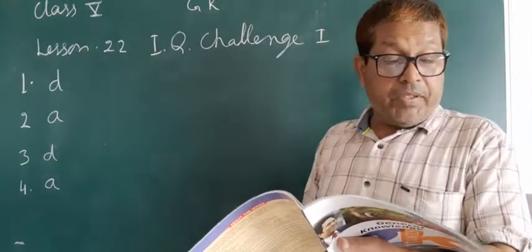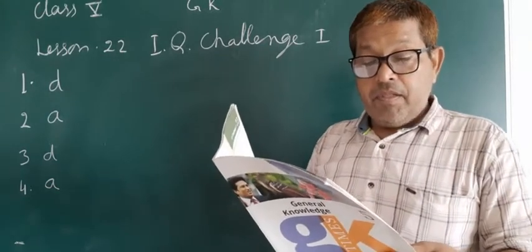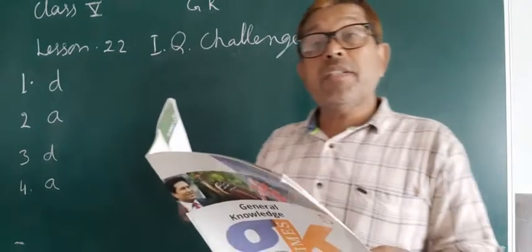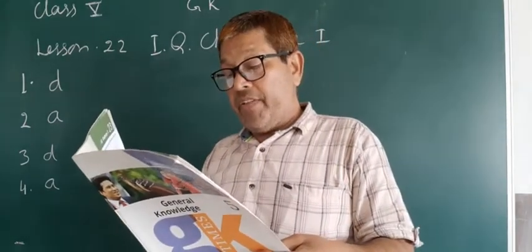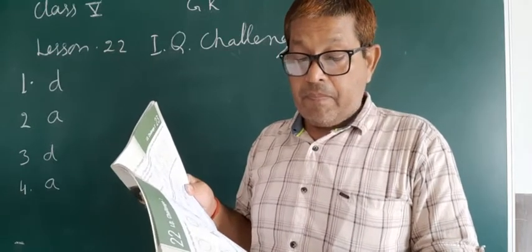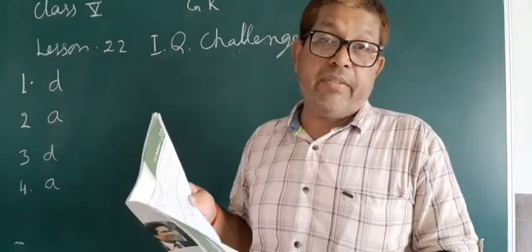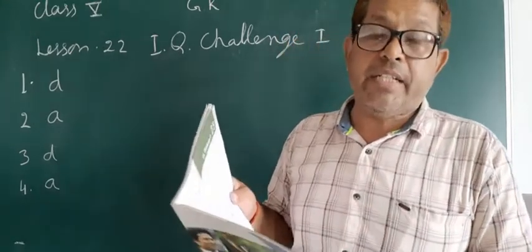Now fifth, find out which of the answer figures A, B, C and D completes the figure matrix. One problem figure is given and four solutions are given. You have to select one.